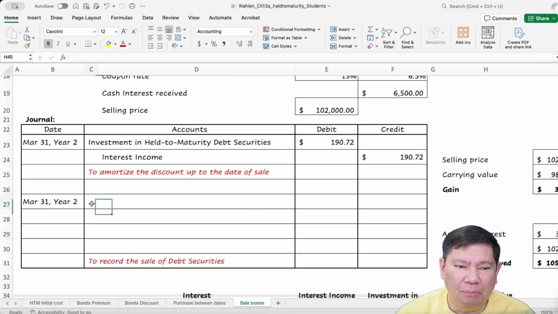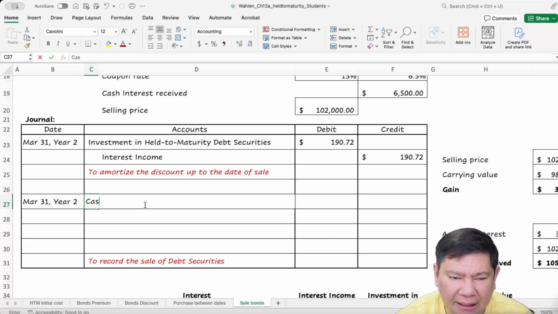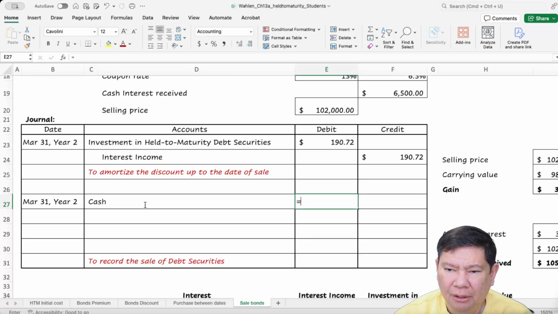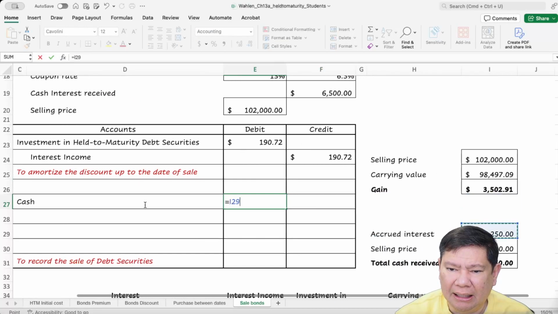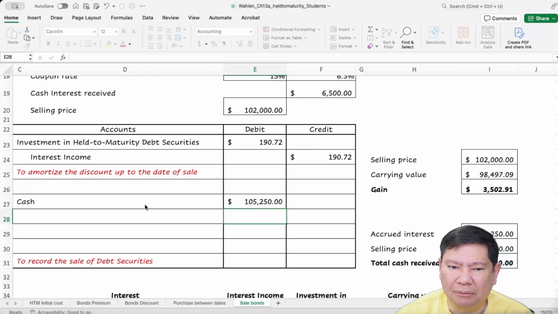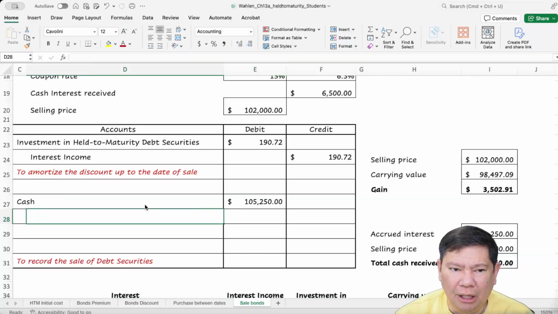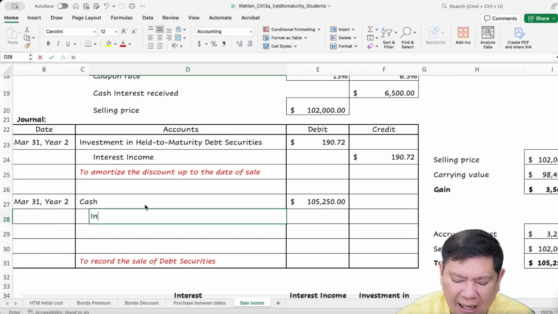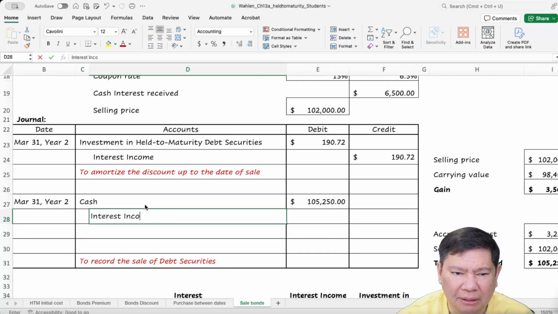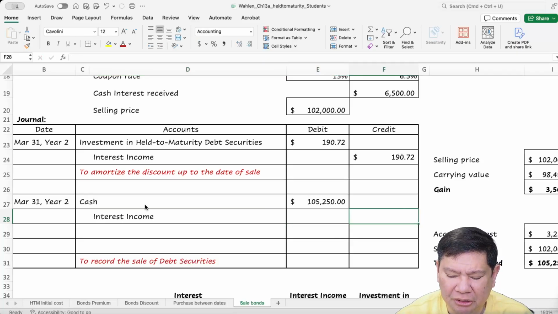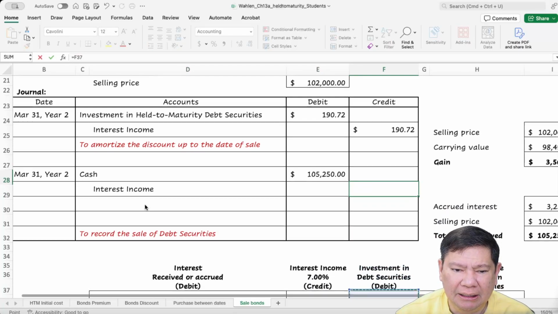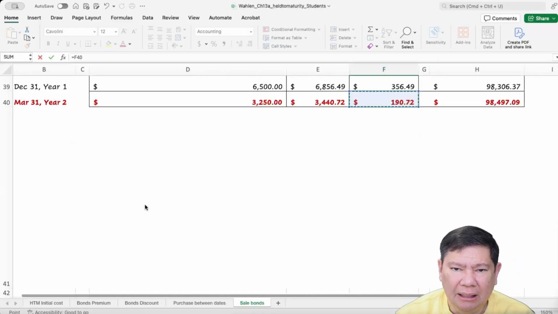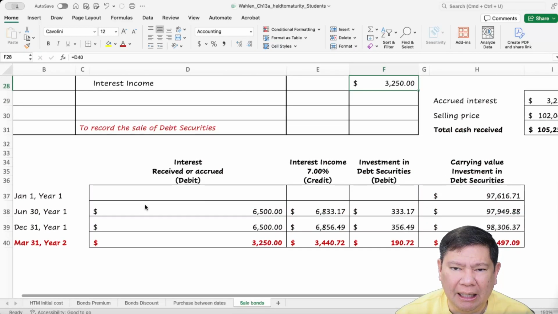Okay. On March 31st, the date of the sale, we're going to get cash, which is this amount, 105,250. We're going to get interest income for the January, February, and March, which is 3,250.